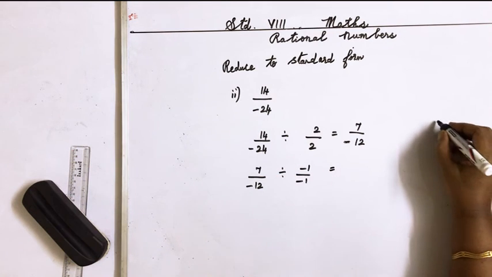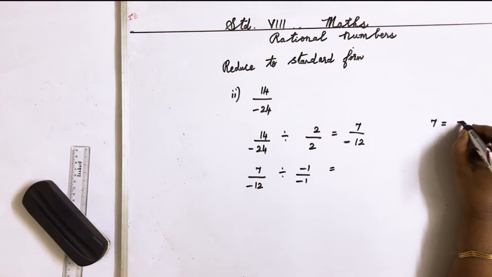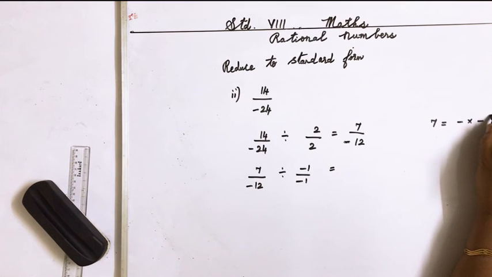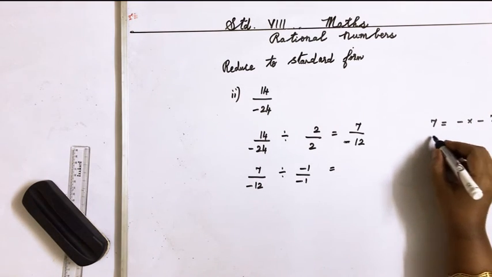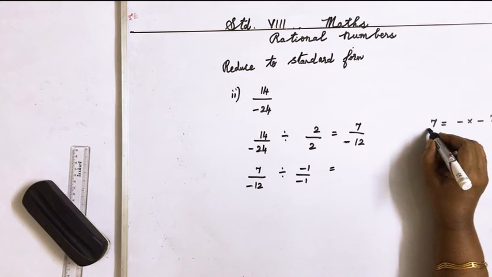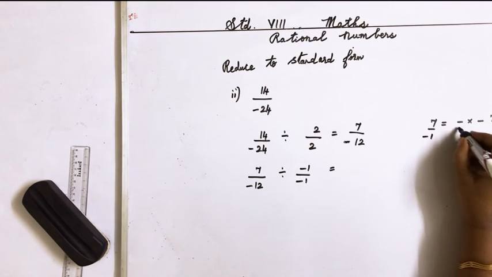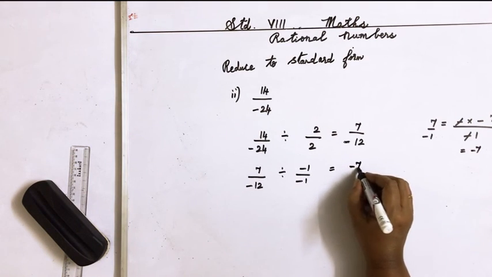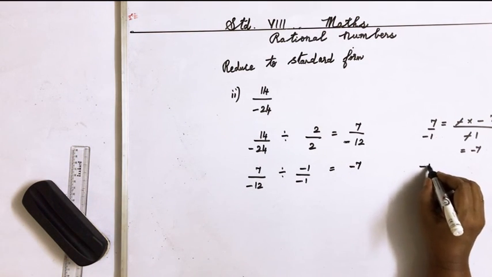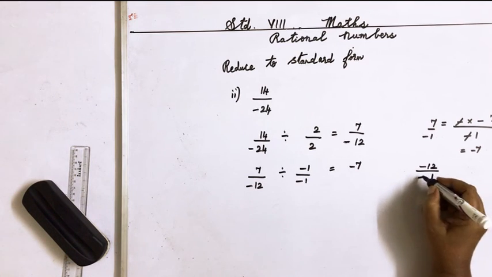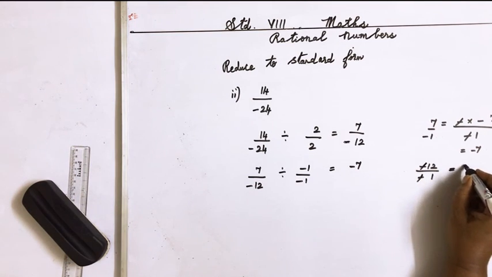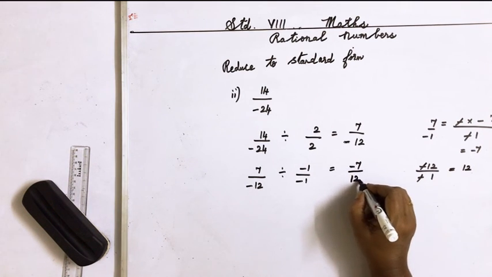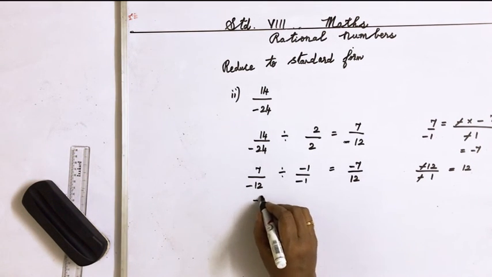So how to divide 7? 7 can be written as minus into minus 7, and minus 1 in the denominator. Minus minus will get cancelled. Minus 7 divided by 1 is minus 7. So we will get minus 7 in the numerator, and the denominator is minus 12 divided by minus 1. Minus minus will get cancelled. Answer is 12. Now this minus 7 by 12 is in standard form.